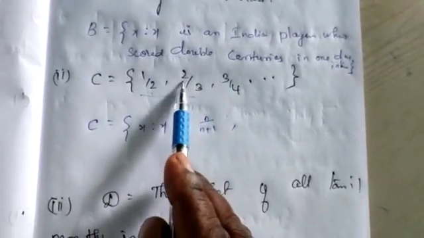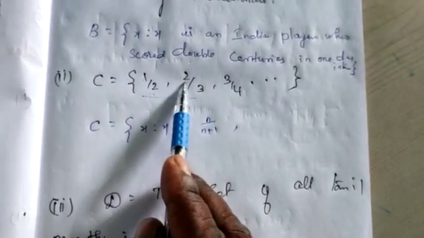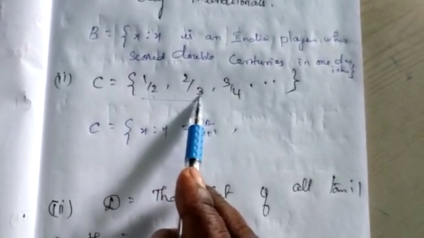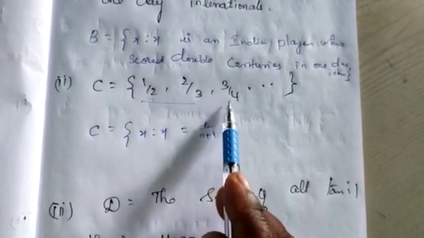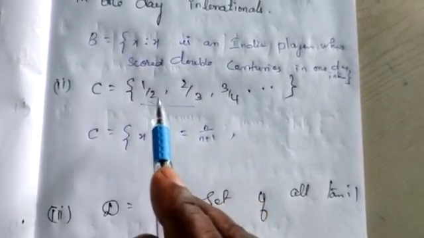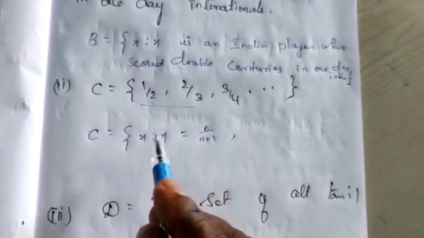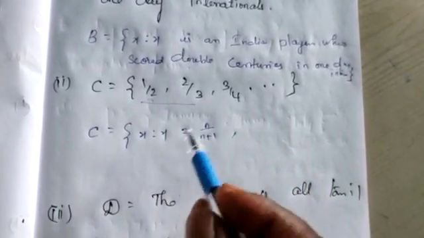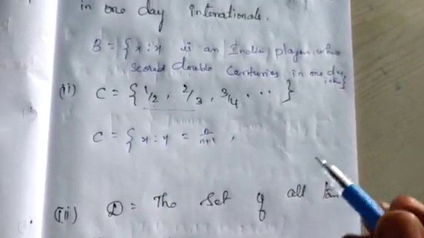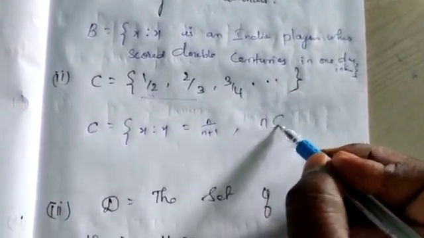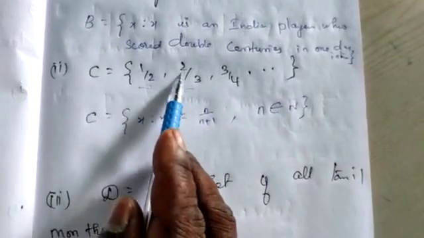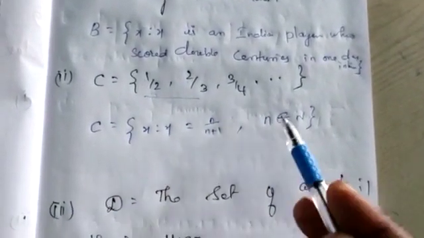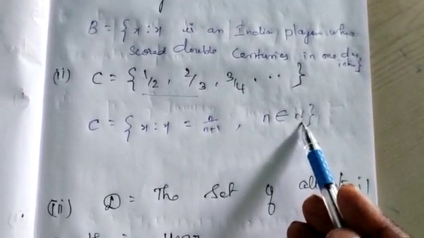If n is equal to 2, then 2 plus 1, 3. If n is equal to 3, then 3 plus 1, 4. So this sequence is n by n plus 1. Now n belongs to natural numbers, because we are taking 1, 2, 3 like that, not 0.